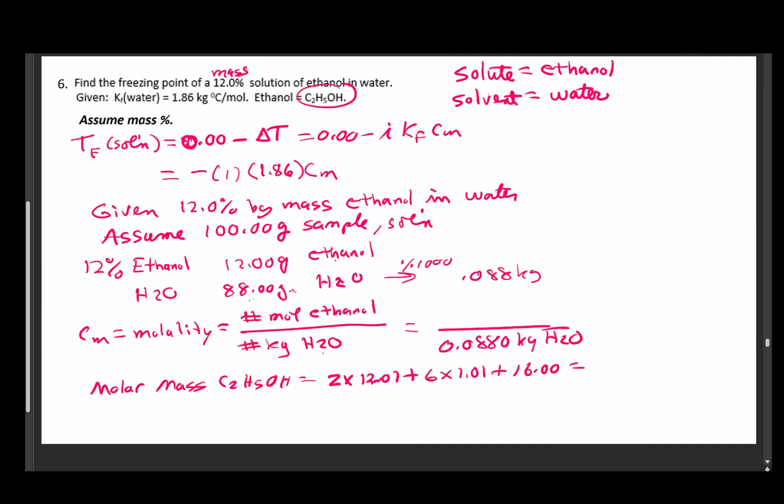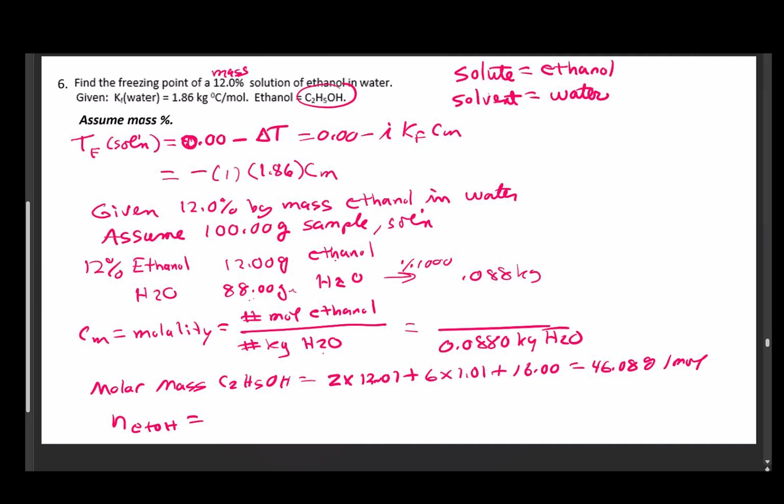So 24.02 plus 6.06 plus 16, 46.08 grams per mole.